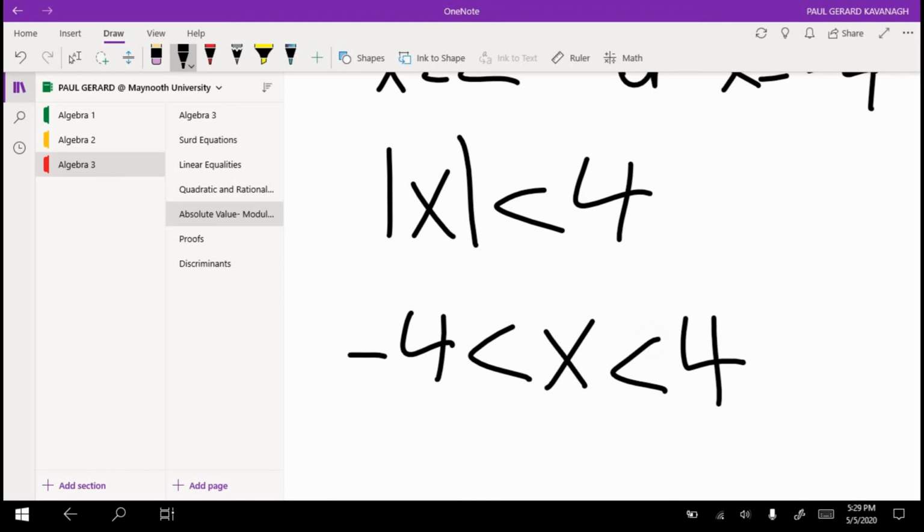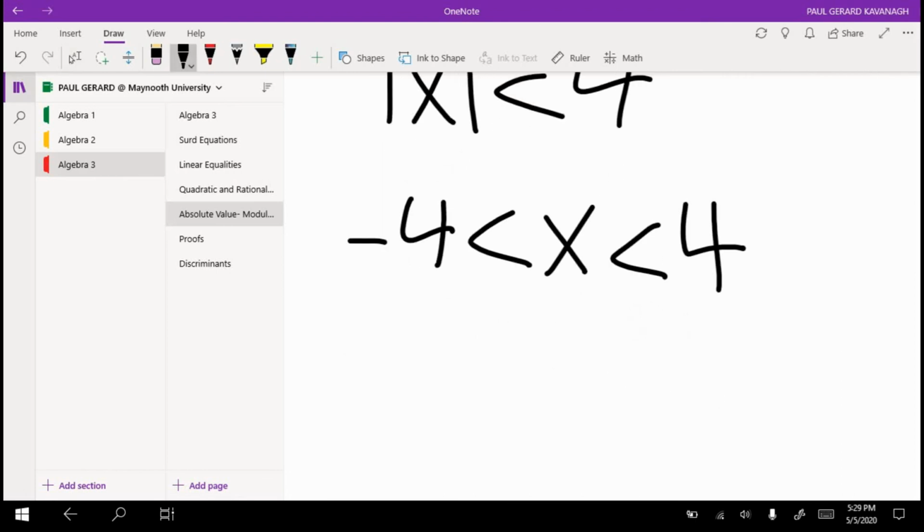Now if x is greater than 4, then x is going to be more than 4 units away from 0 on the number line. So in this case, it has to be in between, because then it'll be within 4 units.